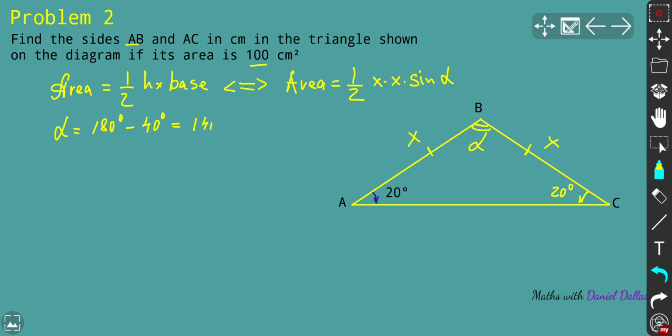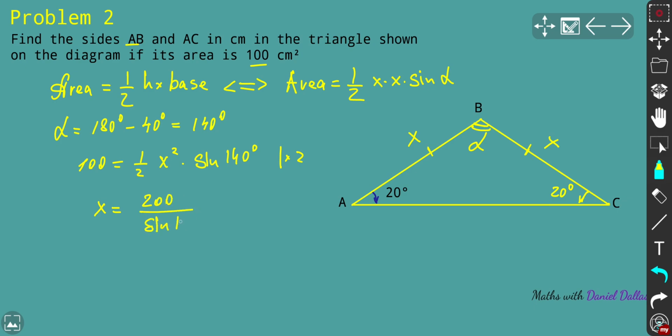So angle alpha is 140 degrees. Now we plug in the area: 100 equals 1/2 x squared times sine 140. We simplify and express x squared by multiplying everything by 2 and dividing by sine 140, then taking the square root. So the final expression is the square root of 200 over sine 140.